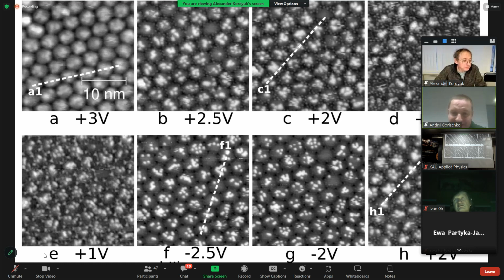However, my idea is that in image G, these brighter dots are still carbon atoms of the graphene layer. However, as you can see, the carbon atoms within the graphene layer become non-equivalent. Some of them are brighter, some of them are almost not visible.